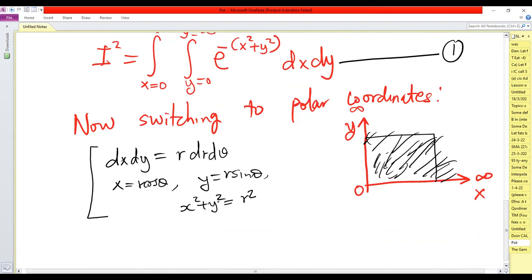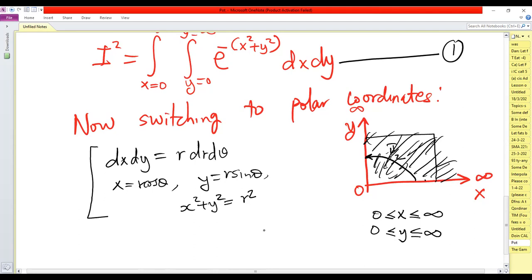Now, where there's dx dy we will replace it by r dr d theta. Where there's x squared plus y squared, it will be replaced by r squared. The limits of x run from 0 to infinity, and similarly the limits for y run from 0 to infinity. But remember now the theta, which is the angle. From the x-axis to the y-axis in this region, the maximum rotation of the angle is 90 degrees, which is pi over 2.